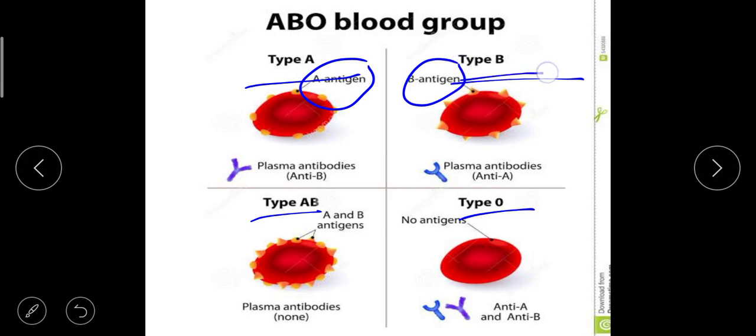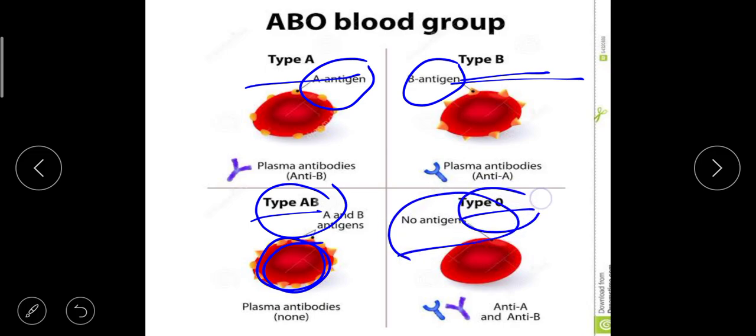If antigen B is present, it is type B blood group. If both antigens are present on the surface of the RBC, then blood group AB is present. If no antigen is present, then it is type O blood group.